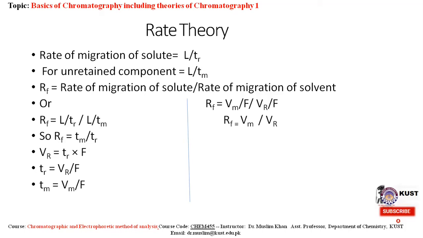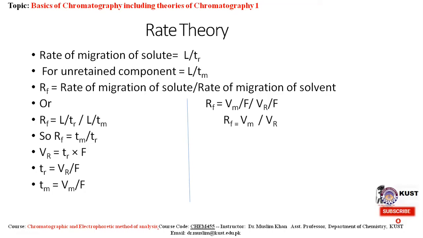rate of migration. Suppose that the length of the chromatographic column is L, and the time taken by a particle on the column is TR, also called retention time.